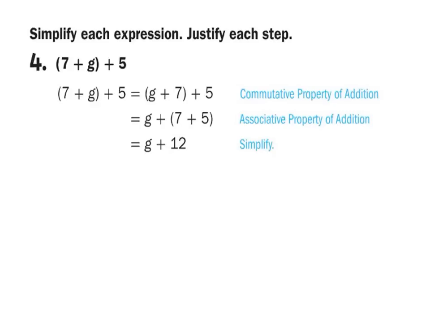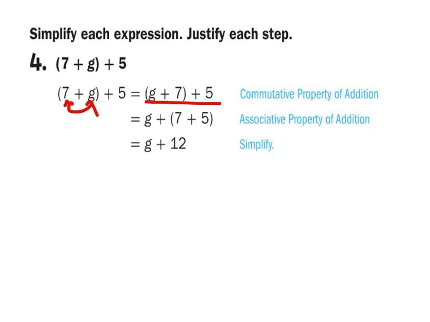Okay, so to simplify this, you've got to combine terms. You combine all the terms that have letters and then all the terms that don't have letters, okay? For example, notice they use two properties here. They used the commutative property by moving the G and the 7, which gives you this.